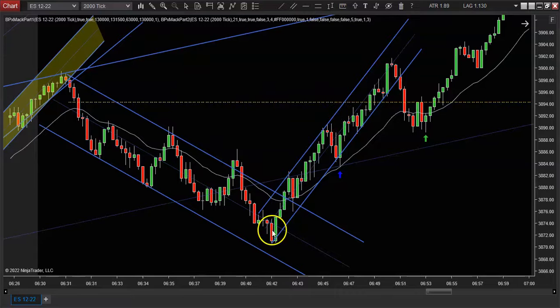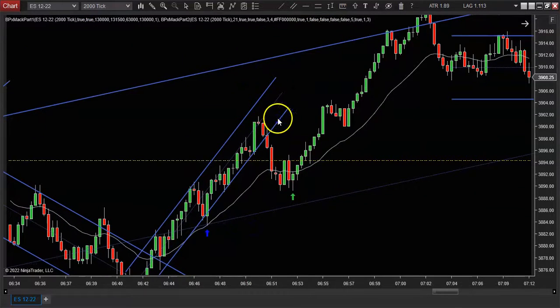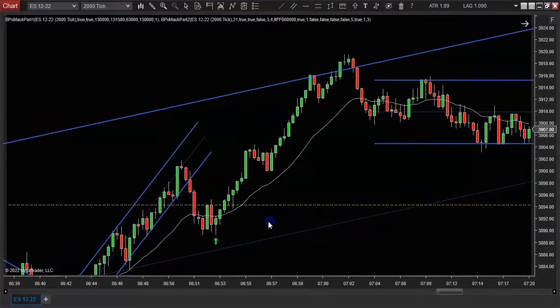That's not always the case, but given the context of the bias being up, we just had this break, move to a new low, first entry, failed second entry. I like that. And we get a break of this uptrend, and you get a first entry, second entry long, but it's below the EMA, so I'm not crazy about it, but you can see a lot of people liked it.